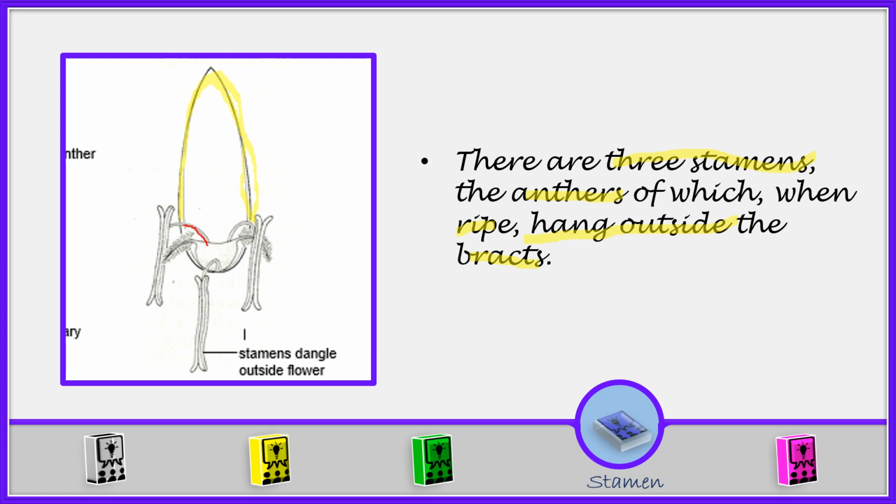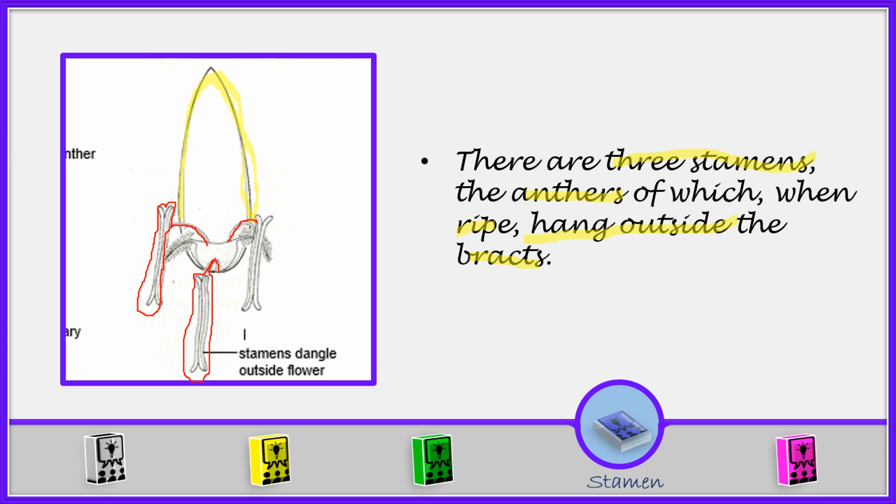This is a filament. And when it comes here, it connects to these ones. These are anthers, the ones we are seeing outside here. Then we have another filament here, connecting to the anther outside here. So these are the stamens hanging out.